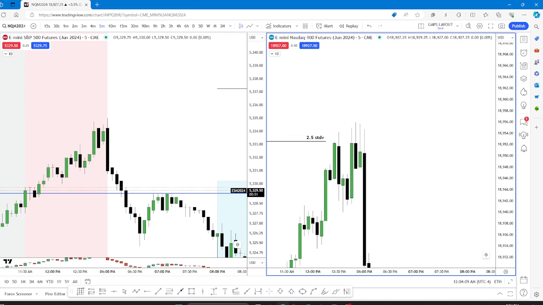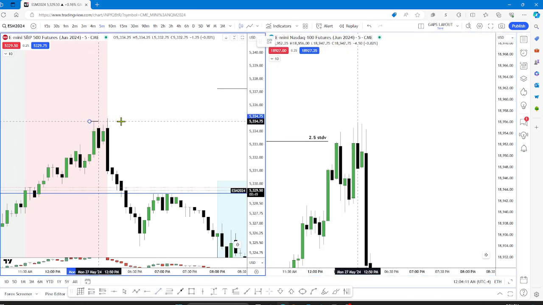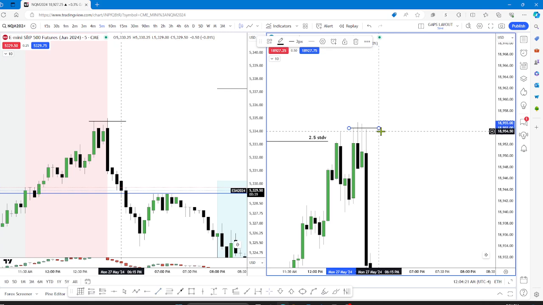So notice this high is taken, the 12:45 p.m. candle is taken there.